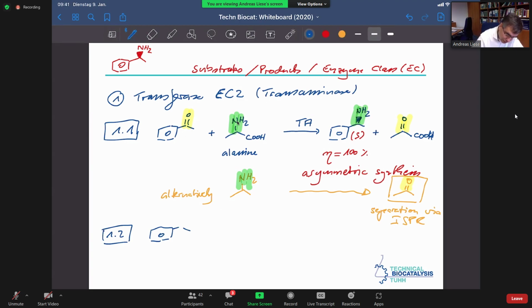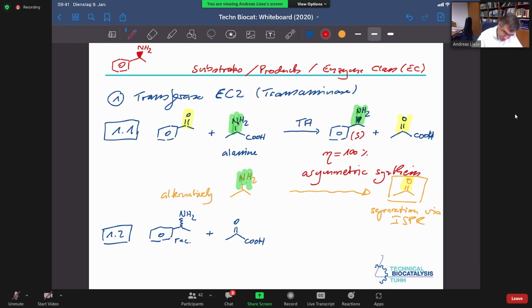To denote that it's racemic, if you remember, we always draw a dashed line, NH2. And we are reacting this now, for completeness, with the pyruvate, because we need an acceptor.